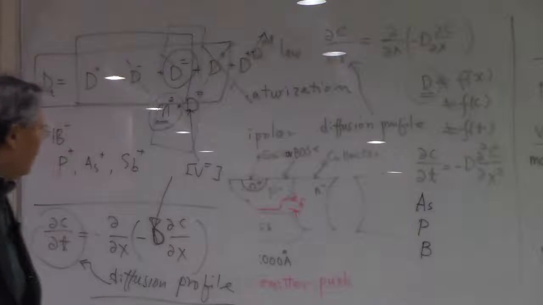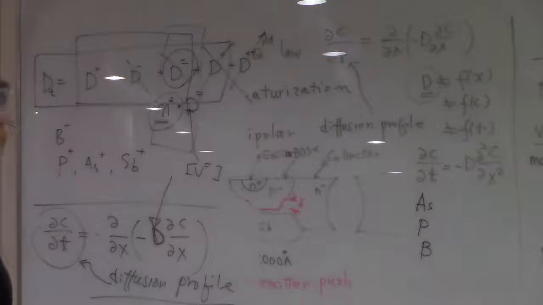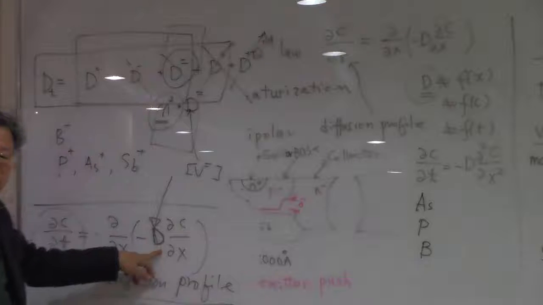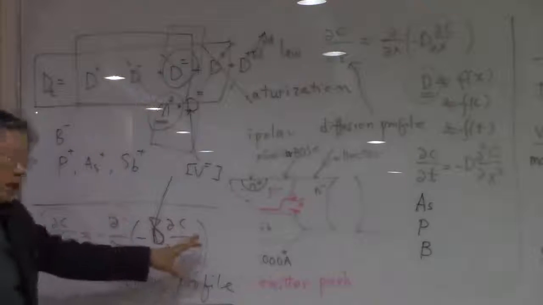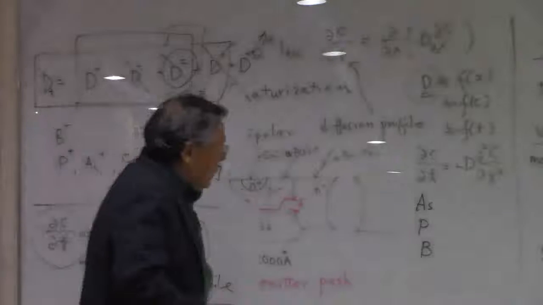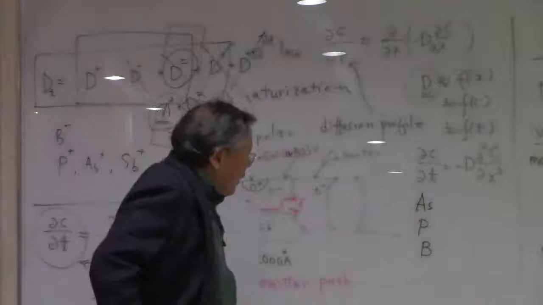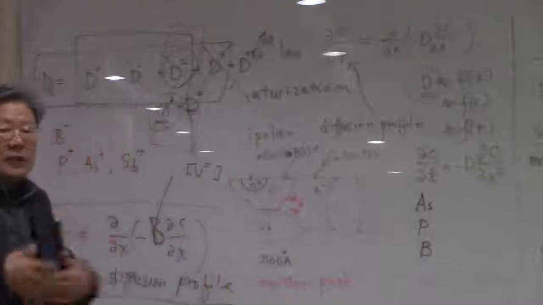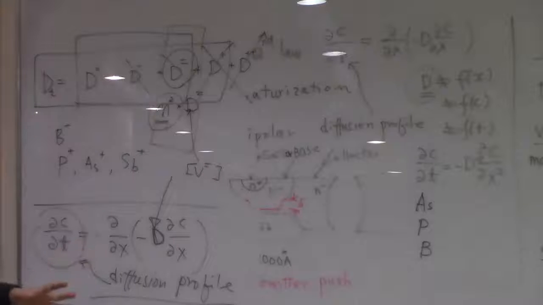Okay, let me see. Once you have the diffusion coefficients, you just set up the equation, and then you can use the computer for numerical solutions. But what we try to do in this class is solve this analytically to find the physics inside, what's happening inside the diffusion process.